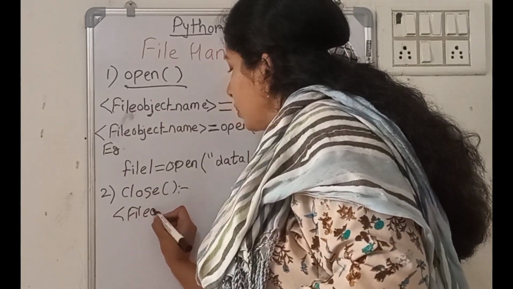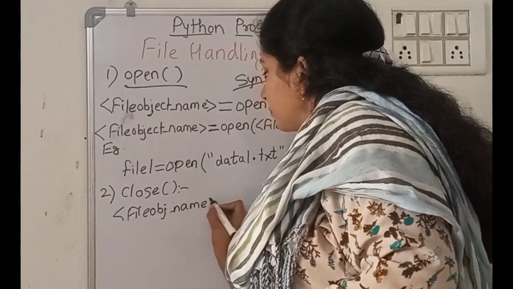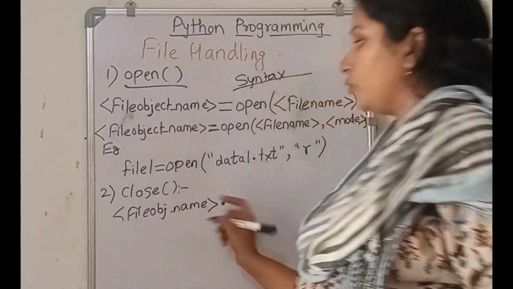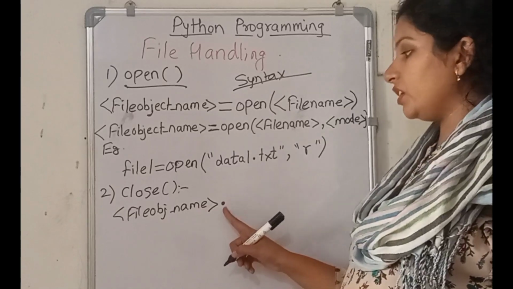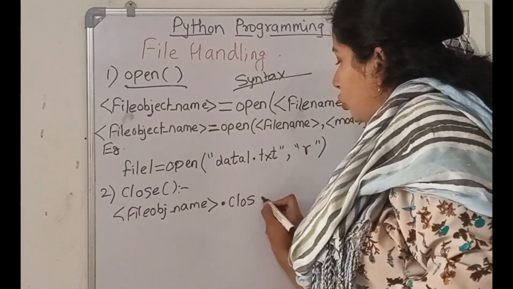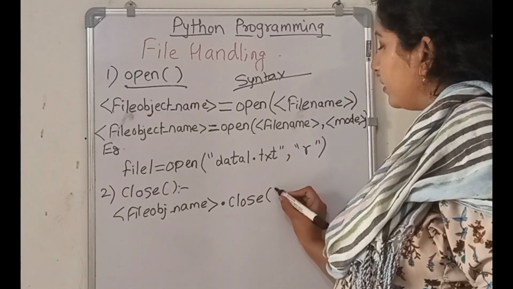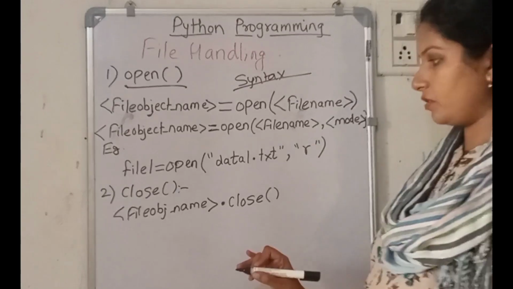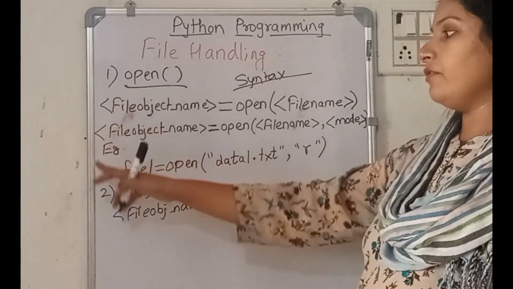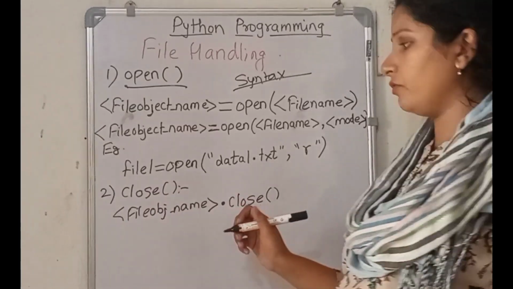So the syntax of the close function is file object name, dot operator. For the close function we need to use the dot operator, and then close, all in lowercase letters, and then the file is closed. So here my file object is file1, so I am going to close that file.